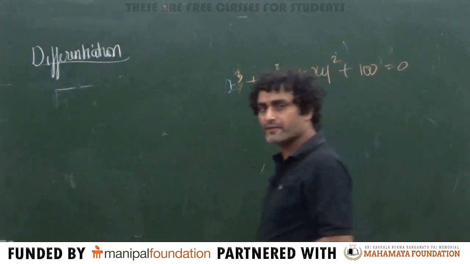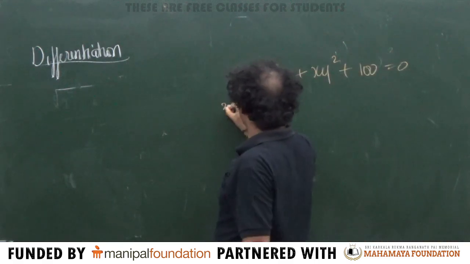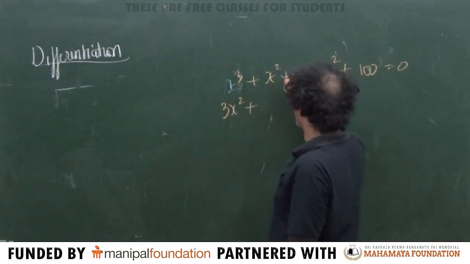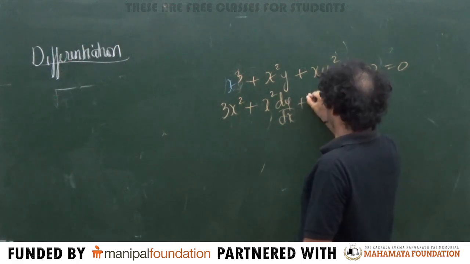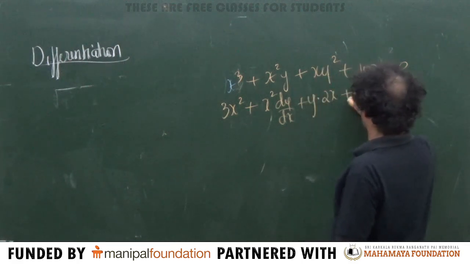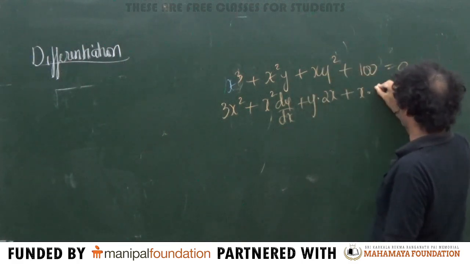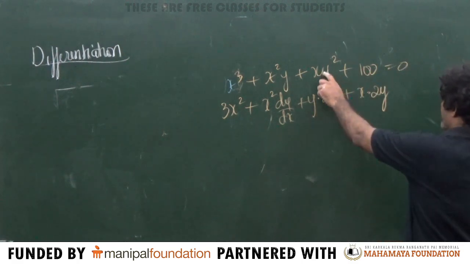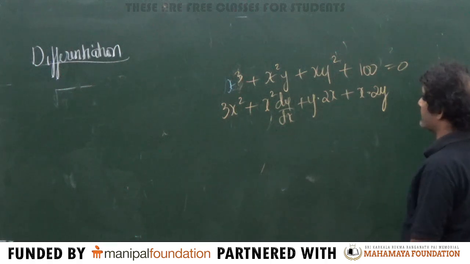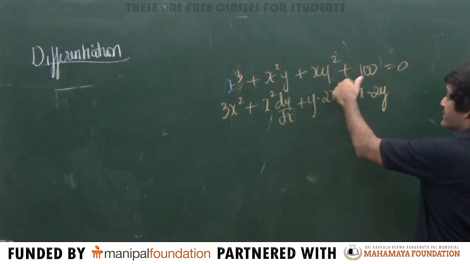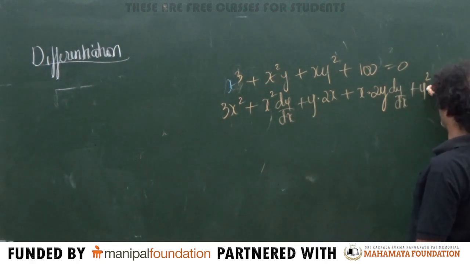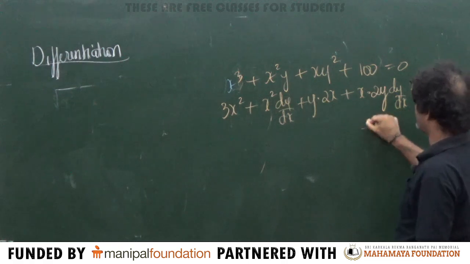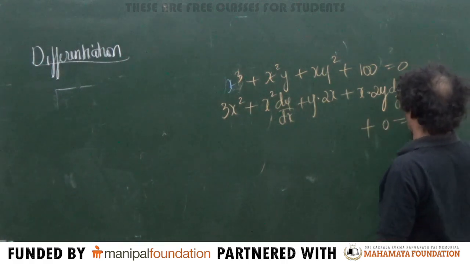What to do is differentiate. So this is 3x square plus, by the UV rule, x square dy by dx plus y into 2x, plus x as it is, y square is 2y, but this is not y, right, this is not x. So you have to differentiate again, plus y square into x is 1, plus 100 is 0, equal to 0.